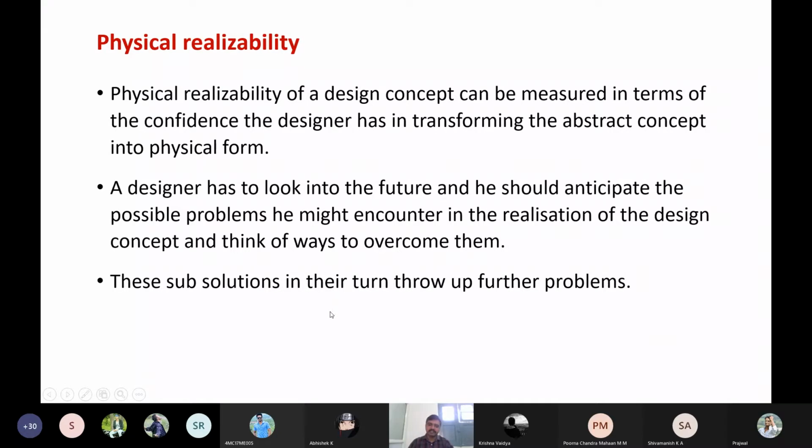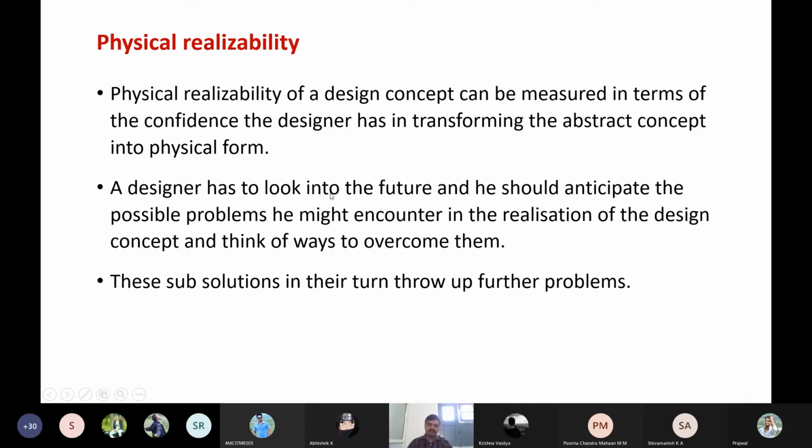These sub-solutions in their turn throw up further problems. When you consider any design problem, or any product, a product can be broken down into a number of components or sub-assemblies. They are nothing but the sub-problems. Again when you think about solving those sub-problems, you may get a number of options.